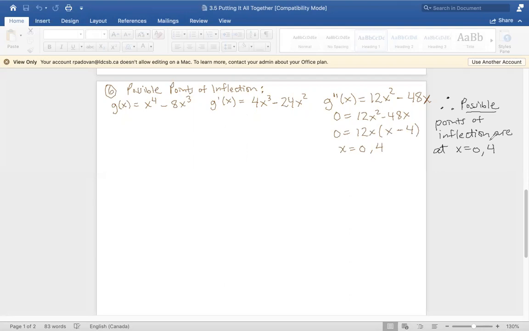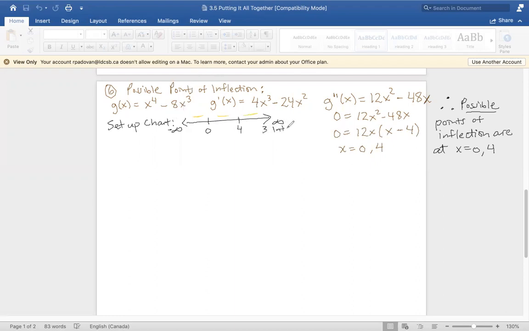So to determine concavity, I'm now going to set up a chart. Here I'm going to make my number line. My number line only has 0 and 4 plus the infinities, positive infinity and negative infinity, to tell me that I would have 1, 2, 3 intervals that I'm working with.